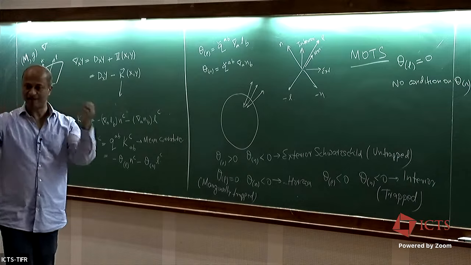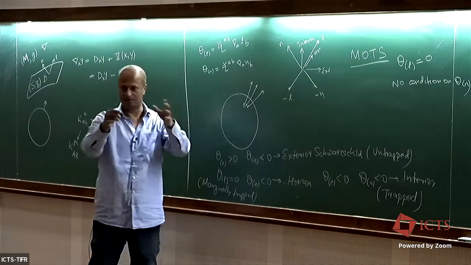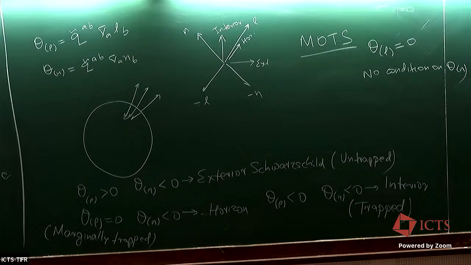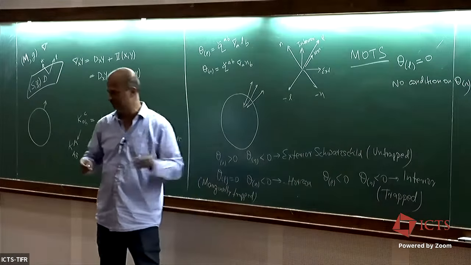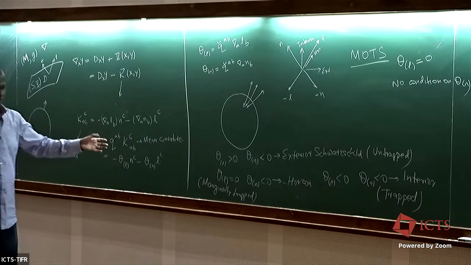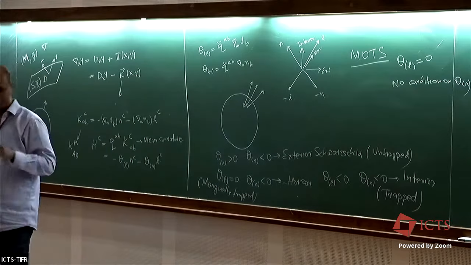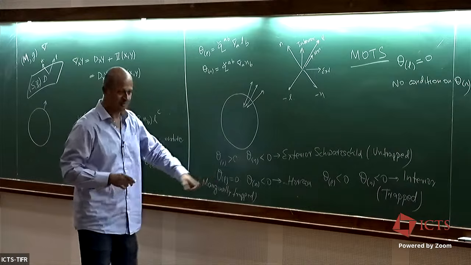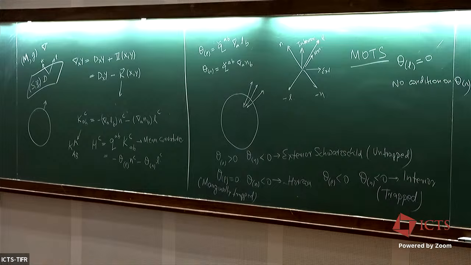So no matter how massive the black hole, how weak the gravity, it is still true that the outgoing light rays just inside the horizon are still converging. So this is like a genuine feature of a black hole spacetime. This is not intuitive at all. And you just did the calculation yesterday, and this is what you found, right? So this is the key, very non-trivial property that a black hole spacetime has: the existence of surfaces which are marginally trapped and also completely trapped.